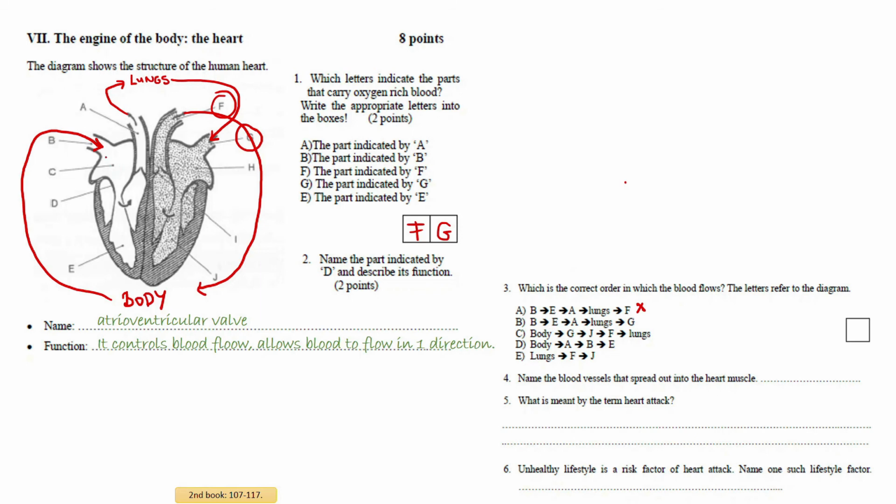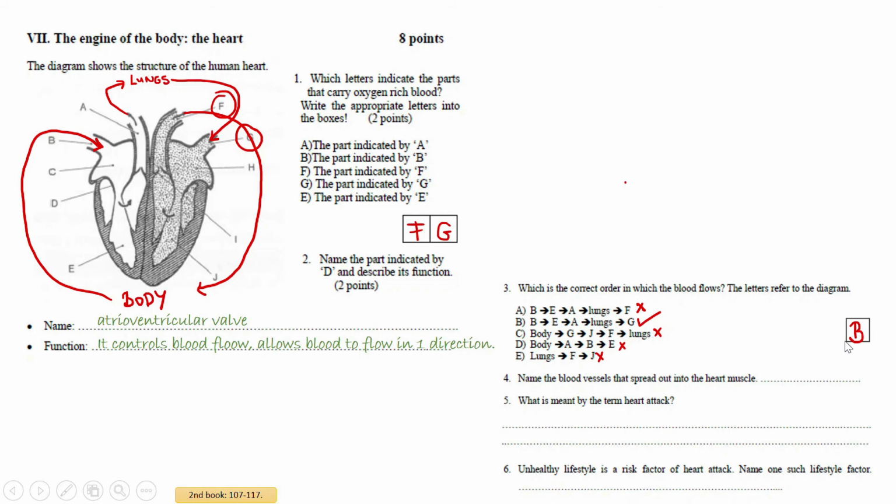B, E, A, lungs, and G, that sounds okay. Body, okay, G, that is not okay. Body, A, no. Lungs, F, no. So we can confidently say that B is the correct answer.